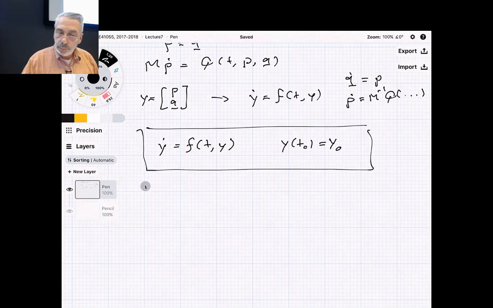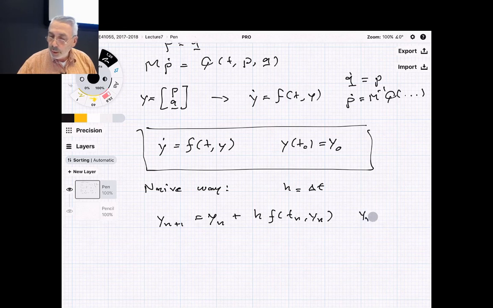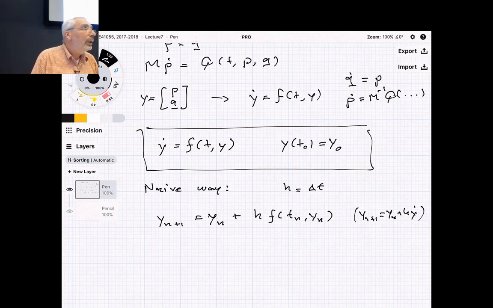Now, the naive way we saw was something like this: yn plus 1 equals yn plus h times the function, the derivative, and the derivative is the function at tn and yn. H is a time step, some delta t. So this was our scheme: yn plus 1 is yn plus delta t times the speed. We call this a Euler step.